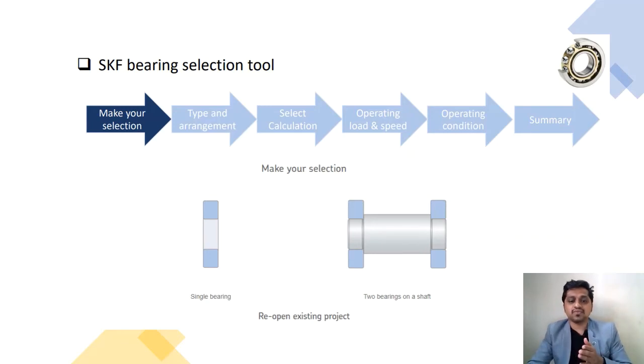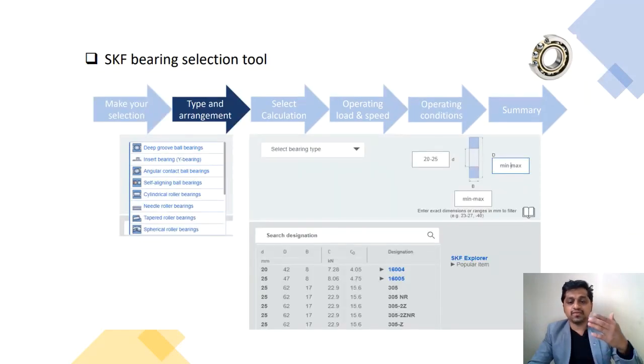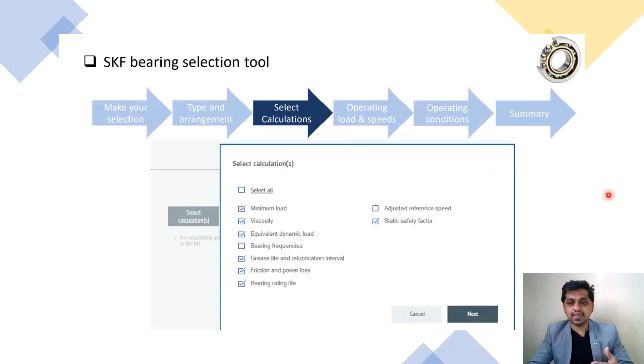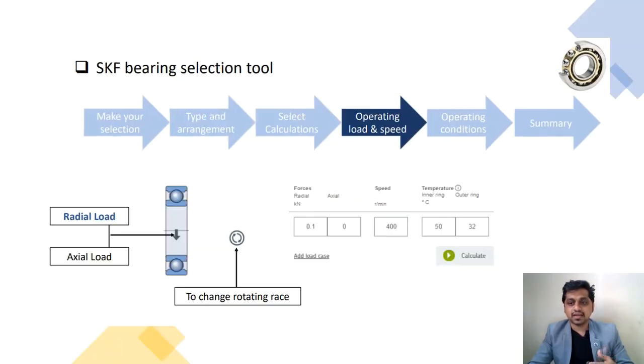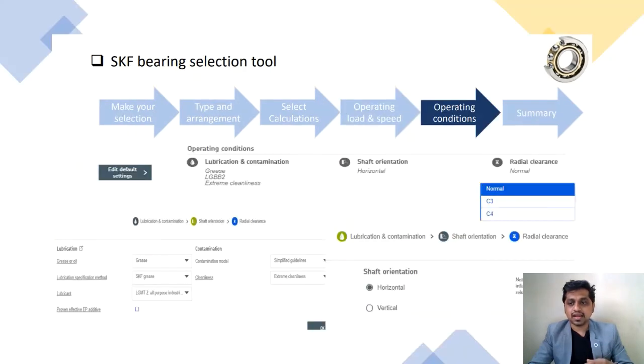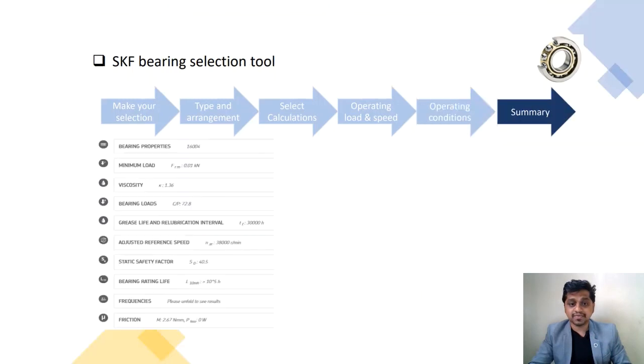So first we selected the bearing types, then we selected the calculations. After putting this filter, we have selected the bearing, then we give the calculation factors, then we give all the input data and all the other parameters, and finally we got the summary of all the calculations.